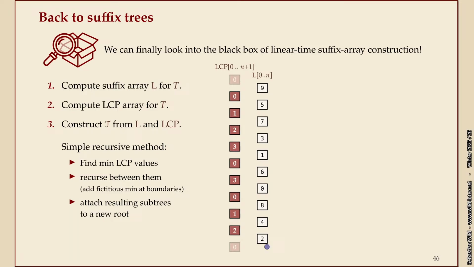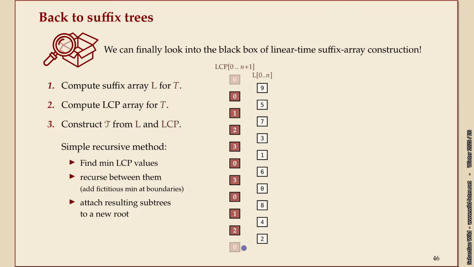Here's the leaf array. That's the leaves of the suffix tree we're trying to build. We'll essentially just work on the LCP array, though. And the recursive method says there's going to be a minimum in the LCP array. Initially, that has to be 0 because it can't be negative. And here I'm adding these dummy sentinels at the beginning and end of the LCP array to have zeros for good.